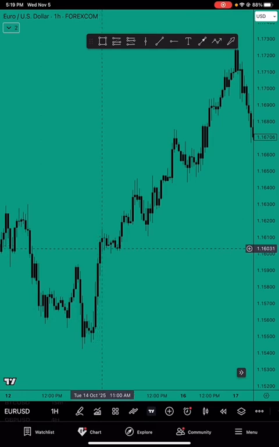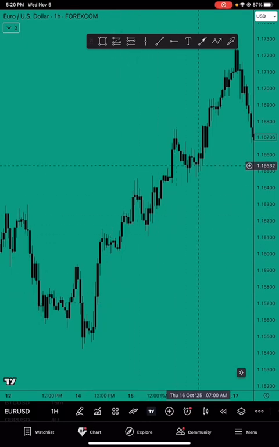You know when the correction is over when you start seeing either rejection candles at the base of that correction. You start seeing a small consolidation. You know that correction is over once you start seeing market structure build back up to the level where price was going.